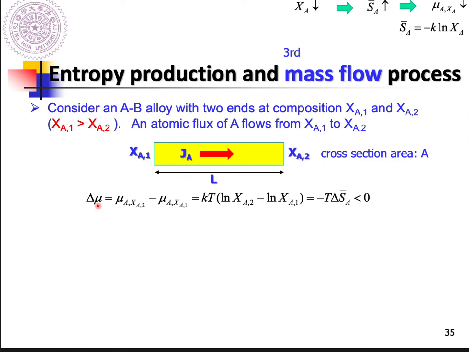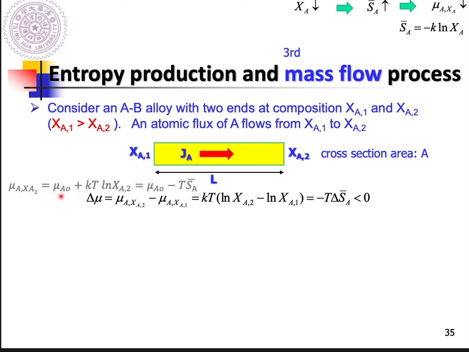So if you write it down as a chemical potential difference, delta mu would be, because the atomic flux goes this way, mu A at Xa2 minus mu A at Xa1. So we can know the chemical potential difference between these two ends. And based on the previous slide, you know mu A at Xa2 can be expressed as mu A0.